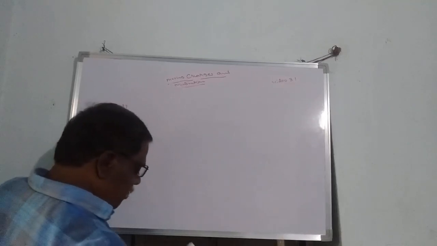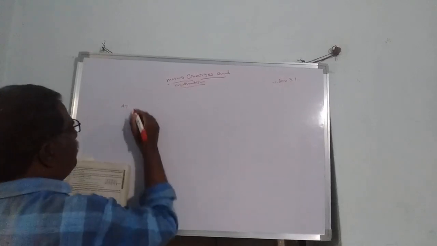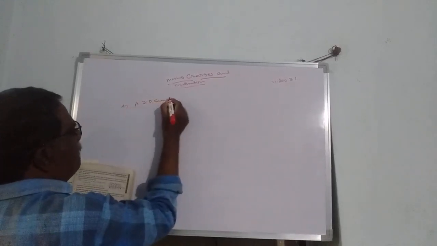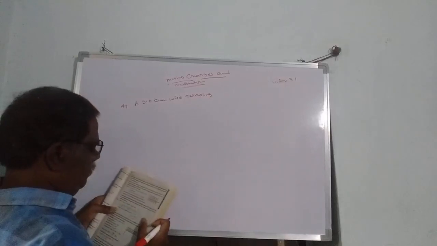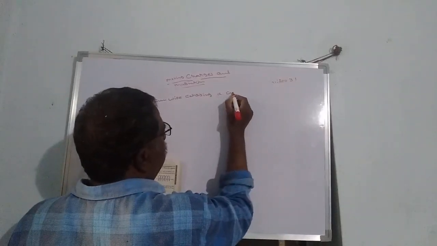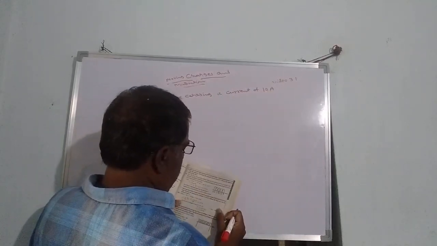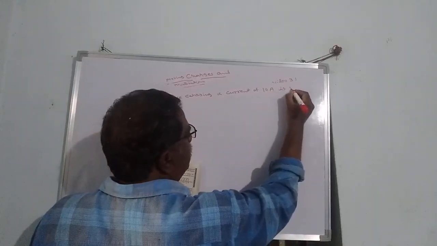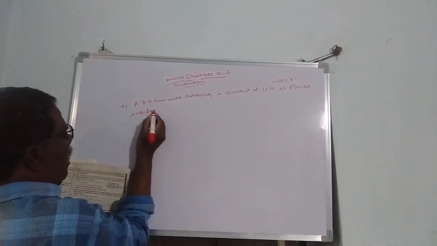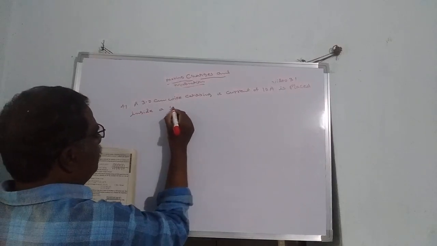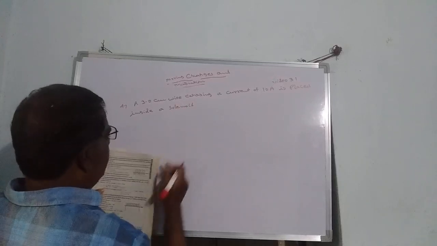Next problem, write down the next problem. A 3.0 centimeter wire carrying a current of 10 amps is placed inside a solenoid perpendicular to its axis.